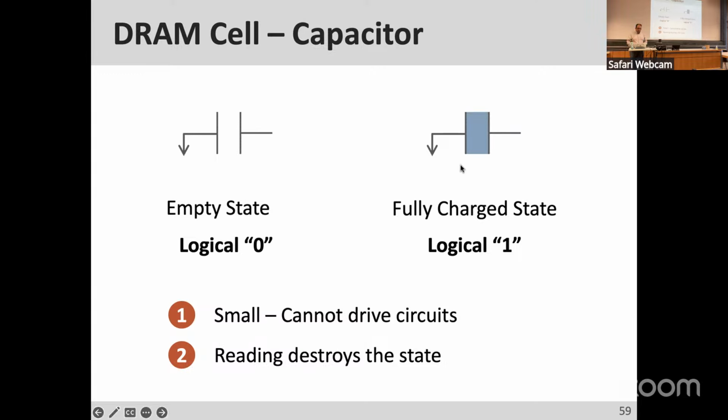If the capacitor is fully charged, it will lose a lot of charge in order to cause some perturbation in the bit line. If it's in the empty state, then the capacitor will gain some charge. After the sense amplifier works on it and we get to the stable situation, we need to wait for some time in order to restore the charge. That's the process of restoration, to make sure that we don't destroy your data when you're reading from DRAM. Make sense?